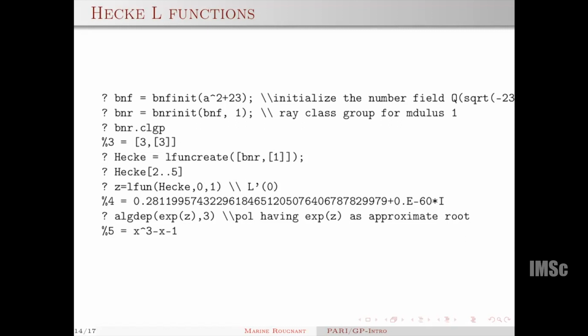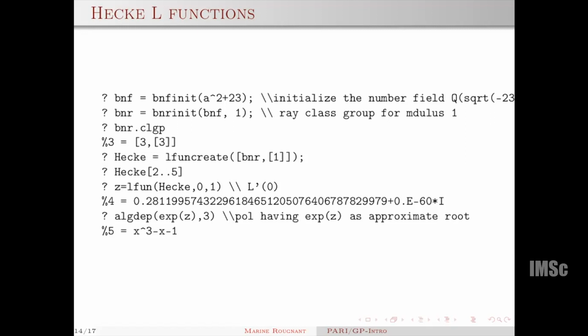If you want to use ray class groups, you need another initialization, which is BNR, R for ray. You give the number field, then your modulus. So here the ray class group for modulus 1 gives you a group of order 3, which is Z over 3Z. You can create your L function using your BNR structure here and the modulus. And you can have all you want with L1, which can still be L1 AN if you want the coefficients, and so on.